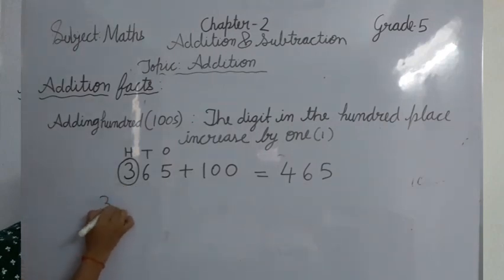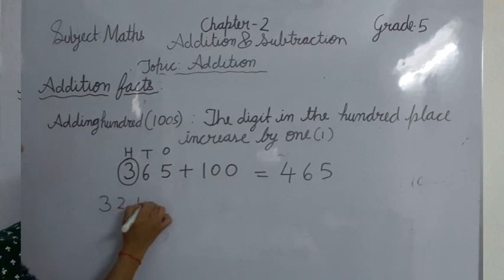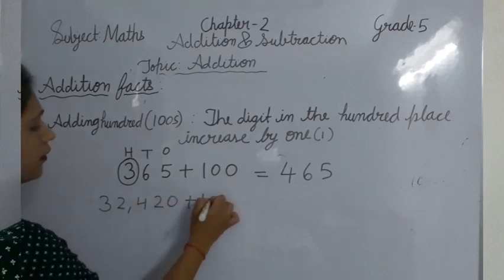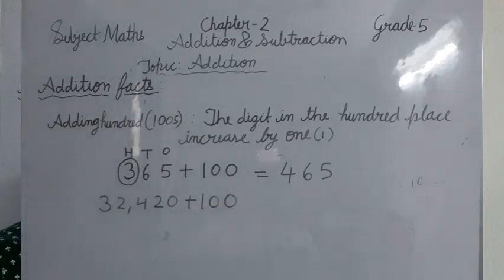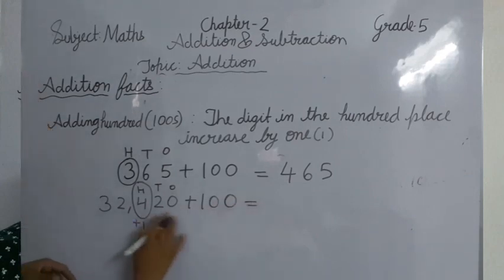Okay, let's take a bigger number here. 32,420. If we want to add 100 here, what will happen? What is the 100 place here? This is ones, tens, 100. This is the 100 place here. Only here we need to increase by 1. It means here we need to add 1. So the rest digits will be the same.